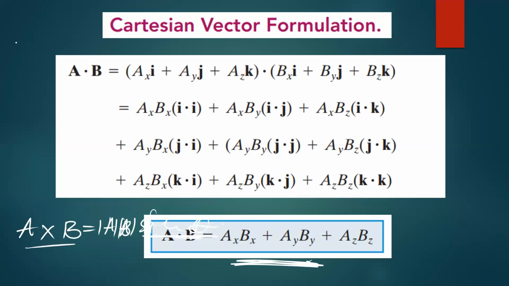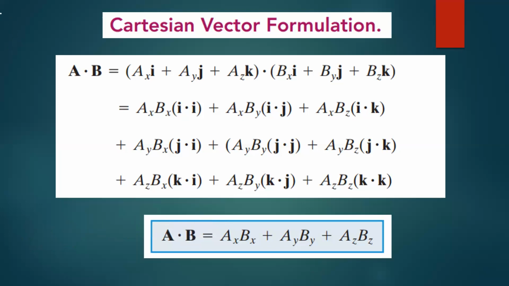For cross product, though we're going to learn this later, let me show you this in advance. We have i, then j, then k. When you are going clockwise this side, you are going to have positive values.